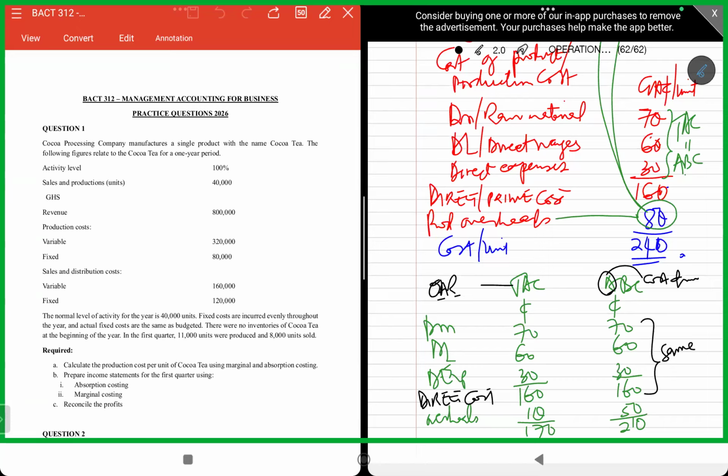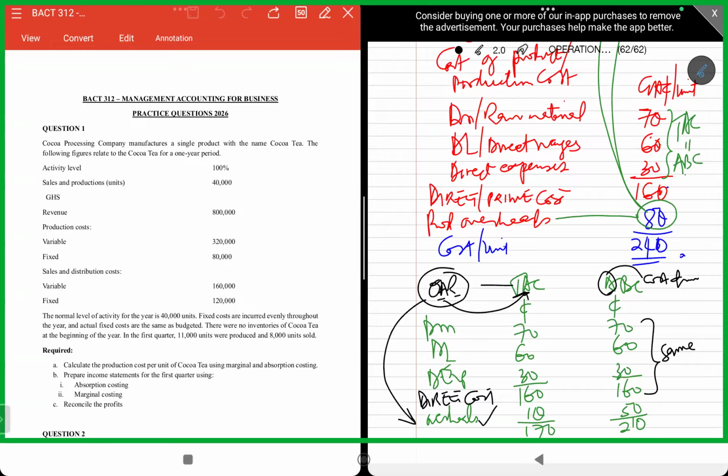What do we use OAR for? OAR is used to compute overheads. What we did yesterday, fixed production overhead per unit, we had to calculate the OAR. The OAR was the same as the fixed production overhead per unit. So traditional absorption and overhead absorption are used to compute overheads.